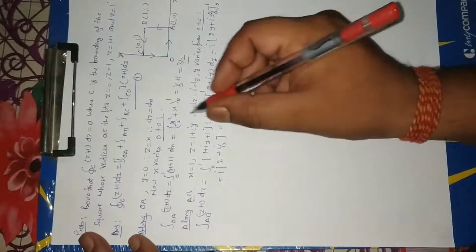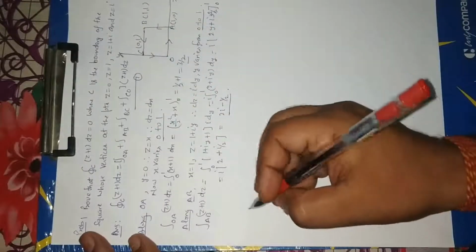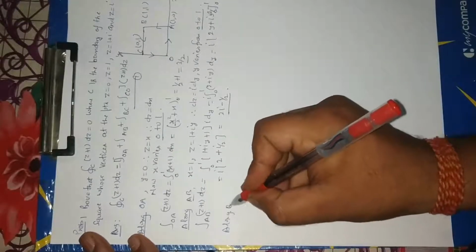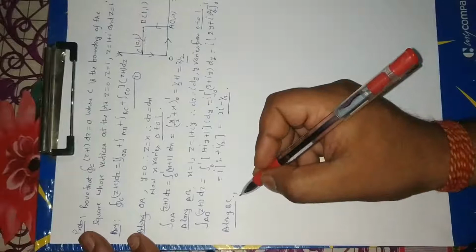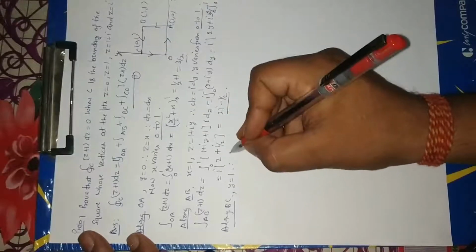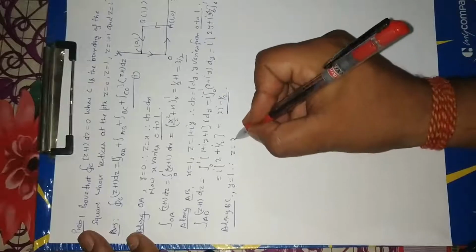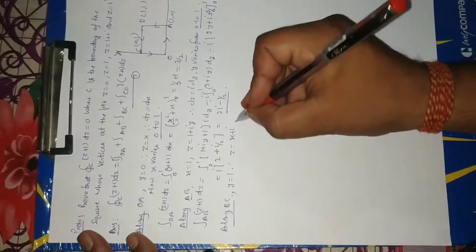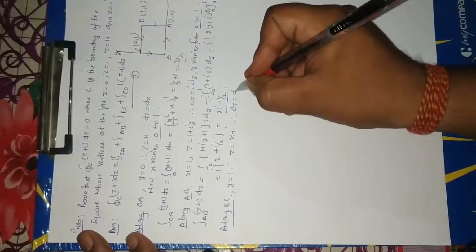Now again for the third integral along BC, the equation of BC is y is equal to 1, that is z equal to x plus i into 1. Now dz is converted into dx only.